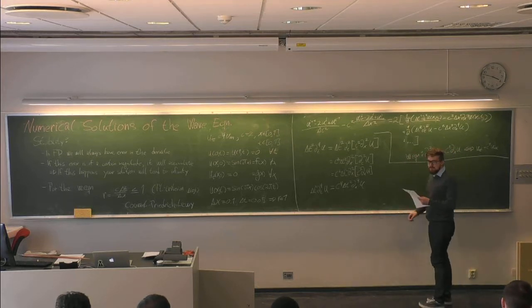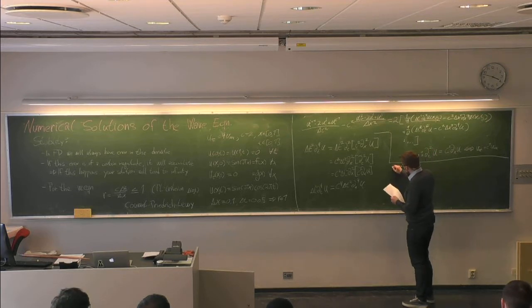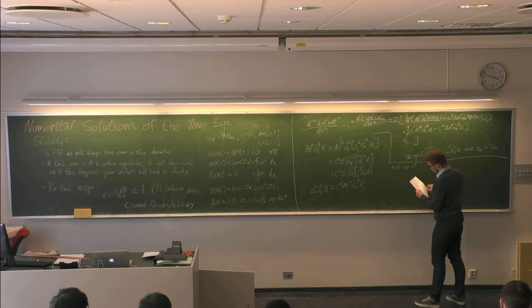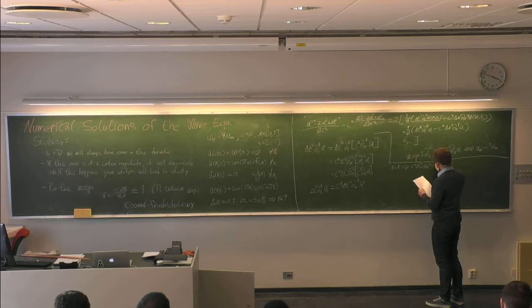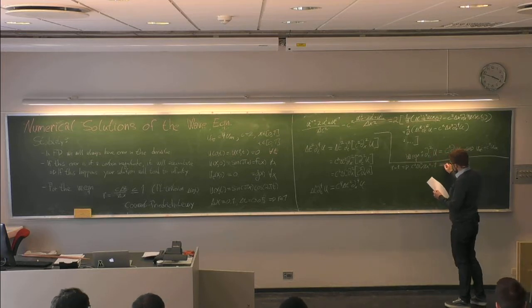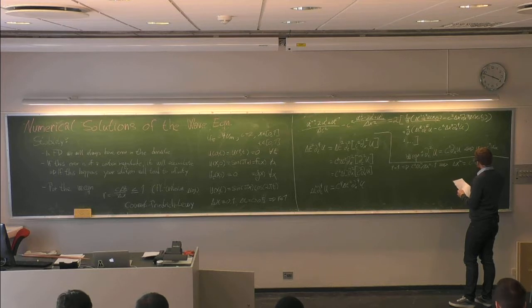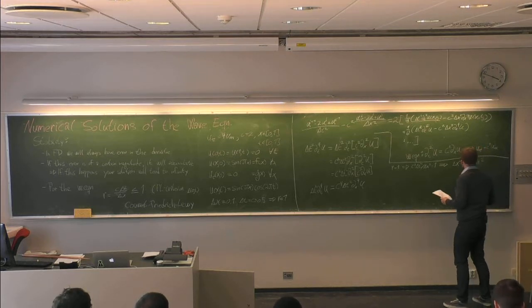And then we will use the fact that r equals 1, meaning that c squared delta t squared divided by delta x squared is 1. Using this, we get that delta x squared equals c squared delta t squared. Gonna underline this.